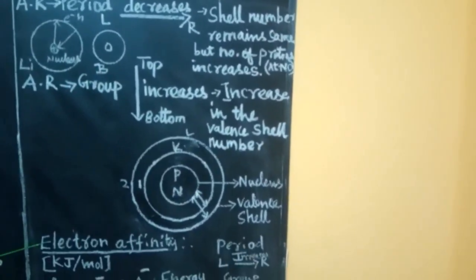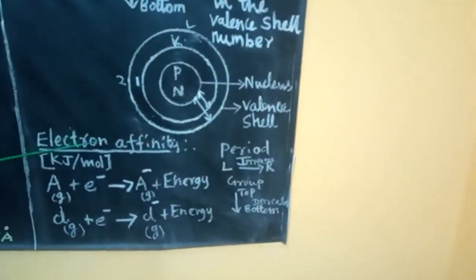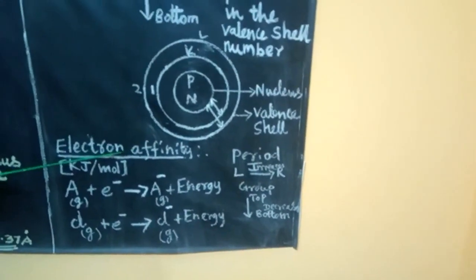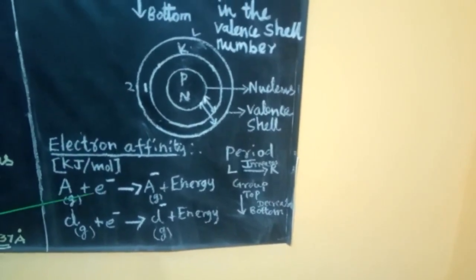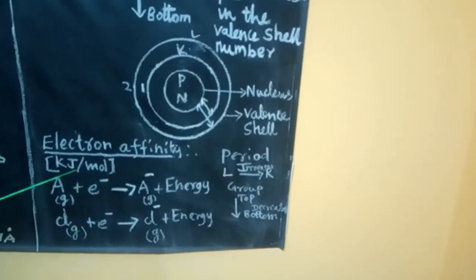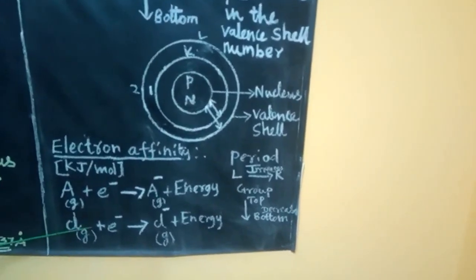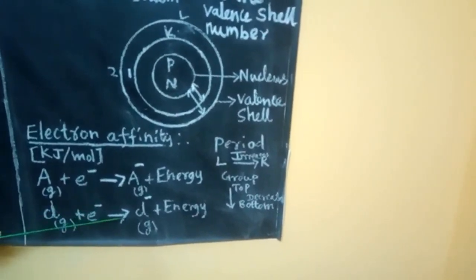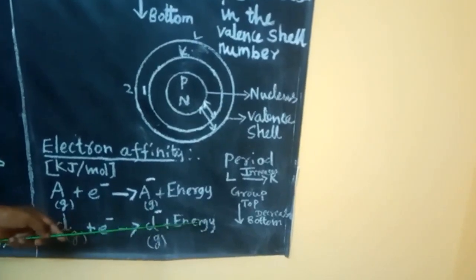Next one, we are going to see electron affinity. Electron affinity is the amount of energy released when a gaseous atom gains an electron to form its anion. You can take one example: chlorine receives an electron to form Cl minus and energy is released.